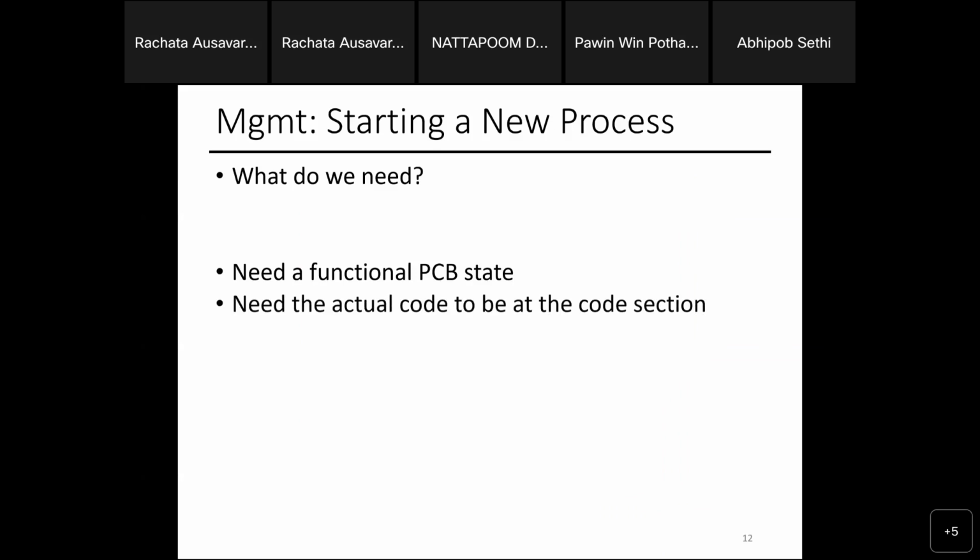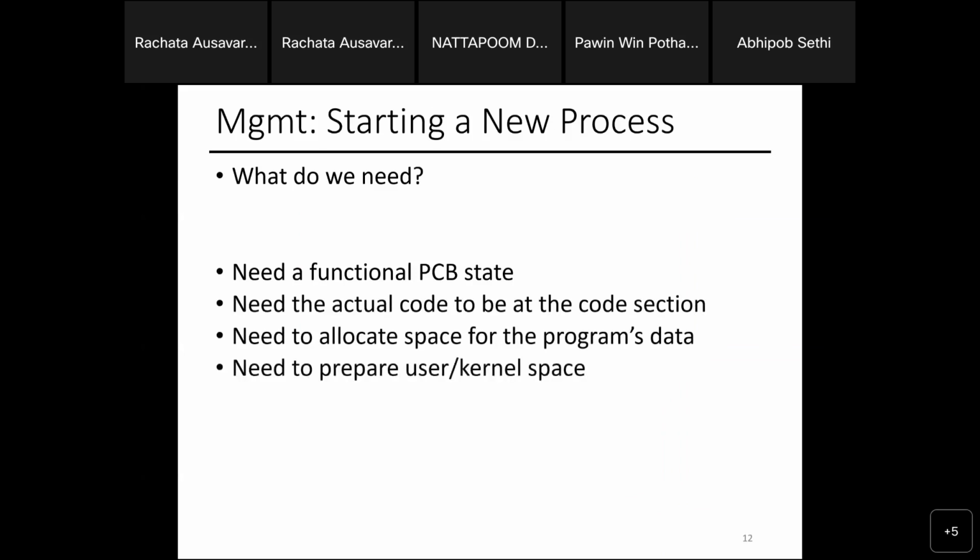That's another important thing, right? I run a program, I need to make sure that the binary from a file gets copied over to the memory and make sure the program counter says, hey, that's the first one. And I need to allocate the space for the program's data. I also have to prepare the user and kernel space. I need to make sure that the memory is well managed.